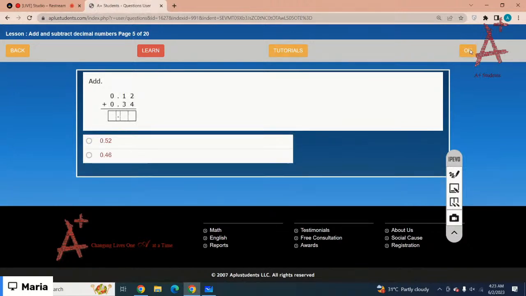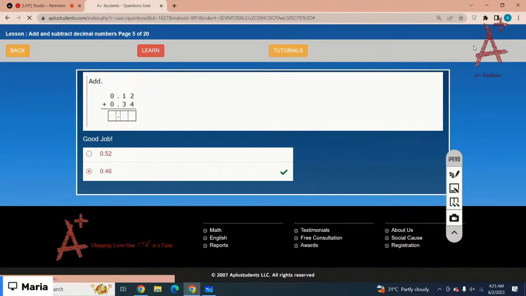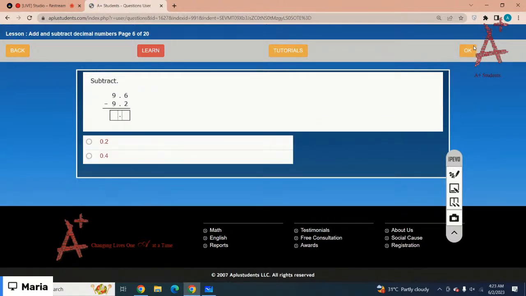Okay, you have to add. So which is the correct option? 2 plus 4 is 6. 3 plus 1 is 4. So the correct option is 0.46. Okay, the next one is 9.6 take away 9.2.